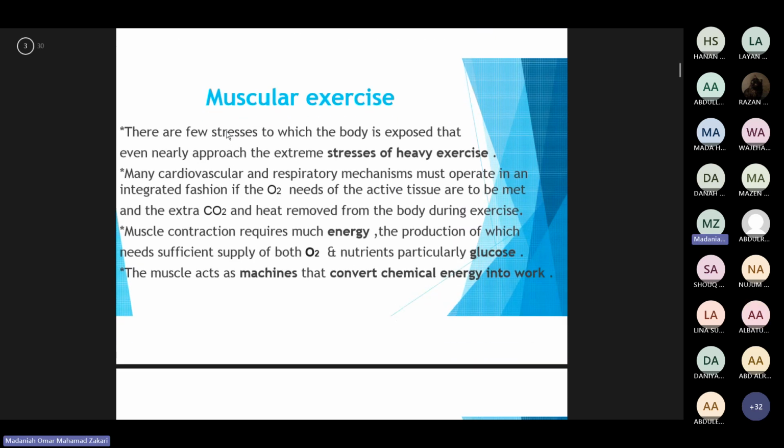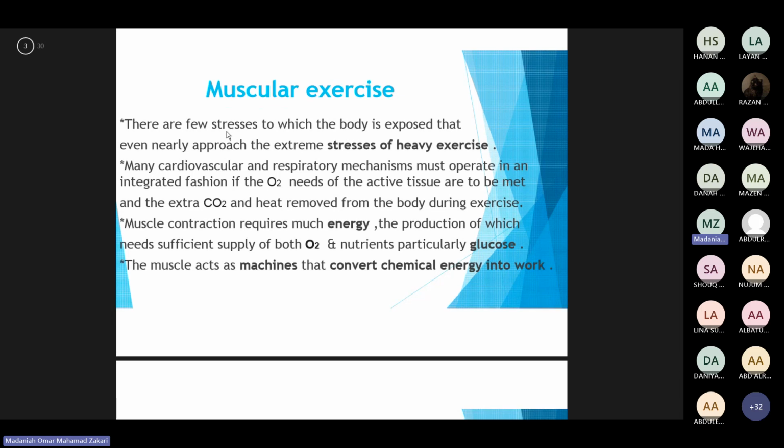First, muscular exercise. So we are talking about a type of exercise, which is muscular exercise. There are different types of exercise. Focusing on the physiological part, we need to know more about the effect of muscles during exercise on the cardiorespiratory system.